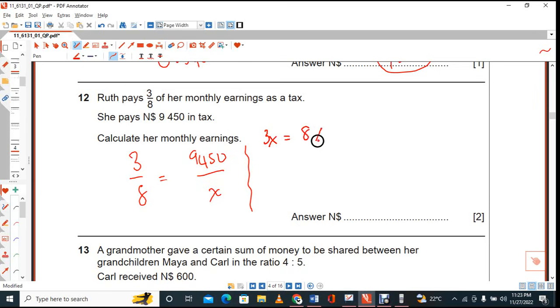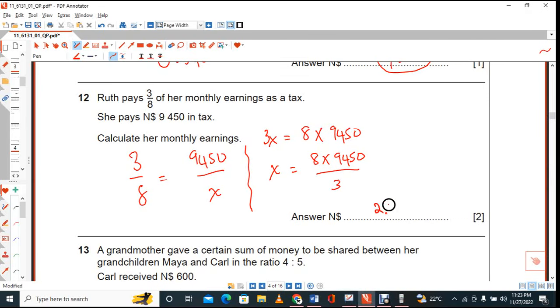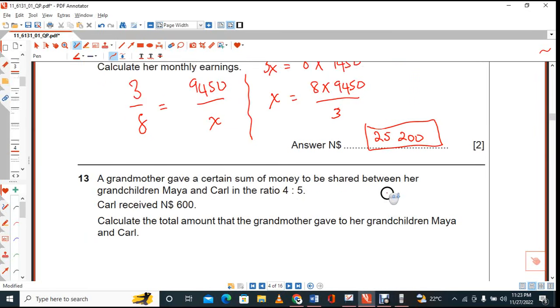So it's going to be 8 times 9,450, and to find her total earnings, you will divide this by 3. All right, so many ways you can do that. So 8 times 9,450, whatever that answer, you divide by 3. That's 25,200. And this is the monthly earnings of Ruth.